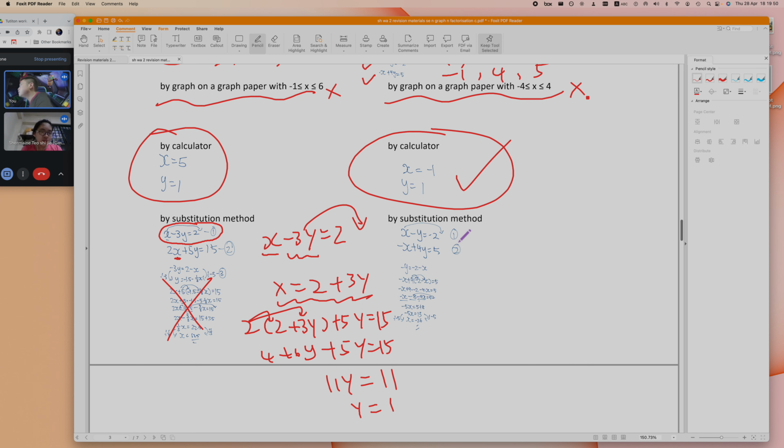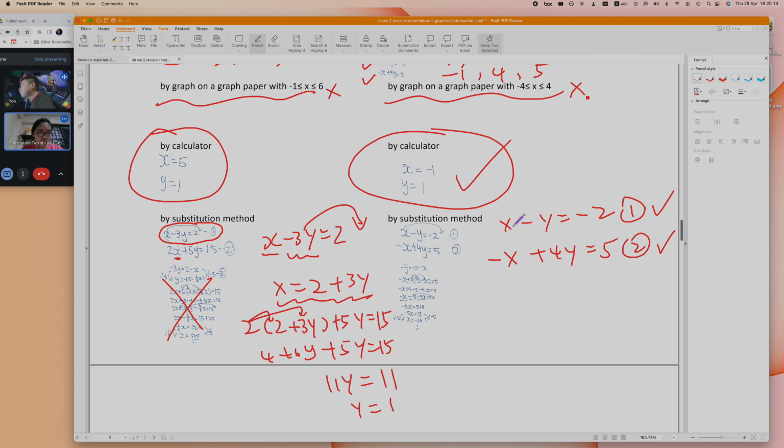Okay. So similarly, right over here, if you look at these two questions, sometimes it's better to use 1. Sometimes it's better to use the 2. So you always look for the easy one to choose.